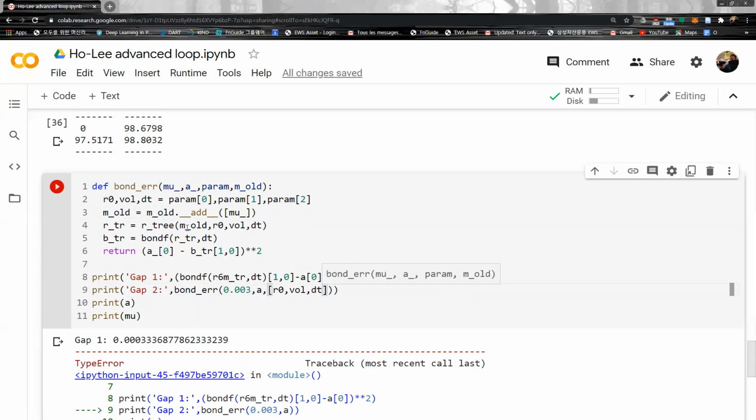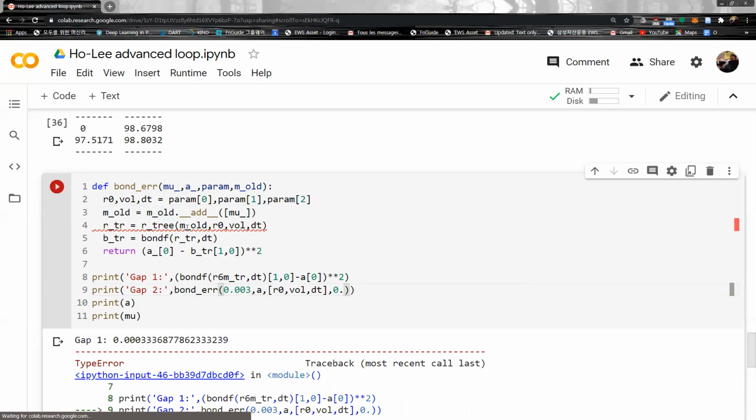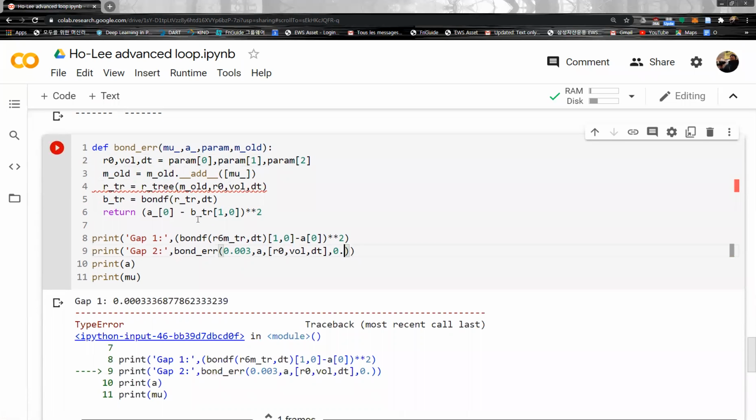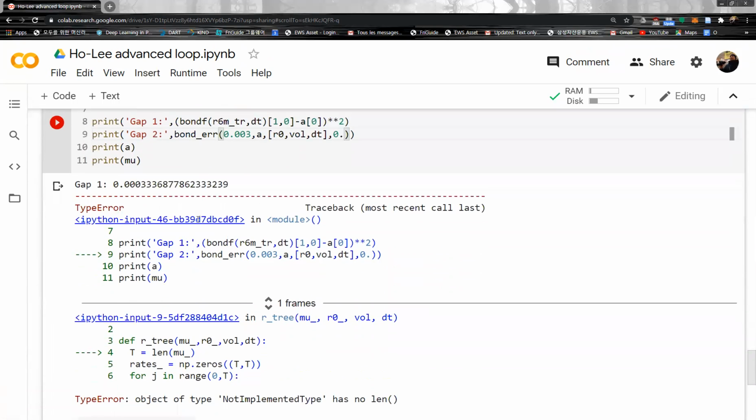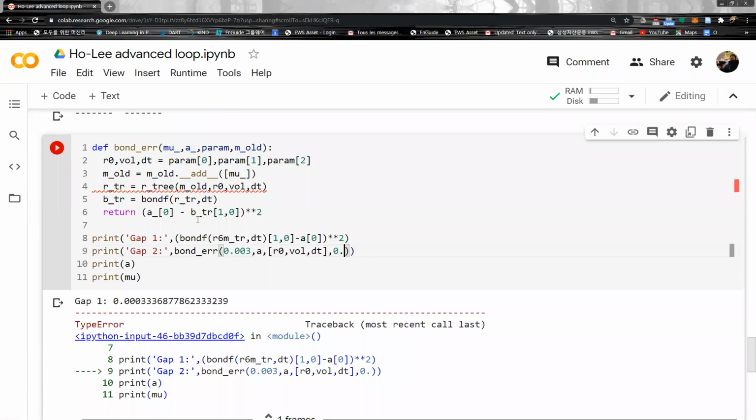And then M old, which is I start from 0, so 0, and then print 0 T. There is something wrong, so I have to think about the length. So M old, M old, M old. This one. Let me computing.